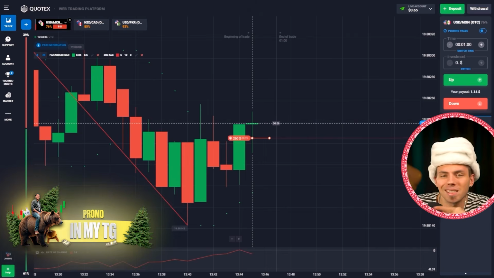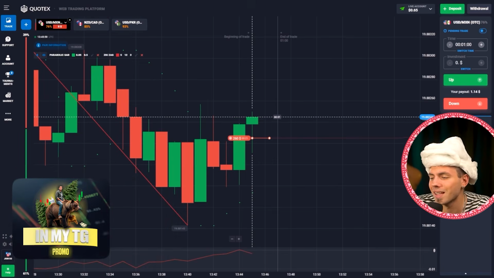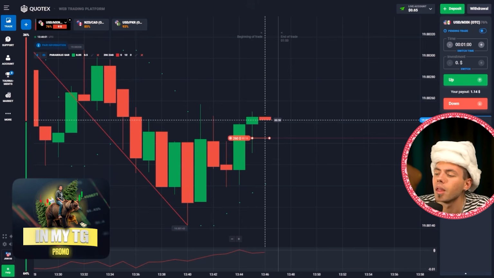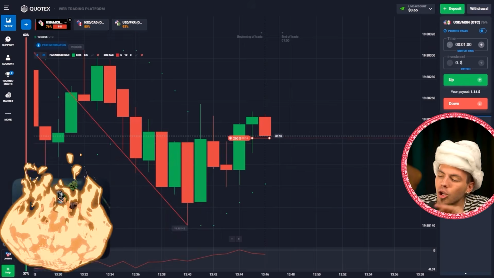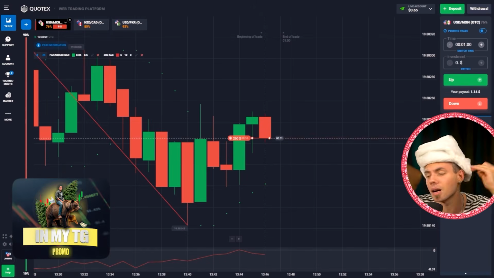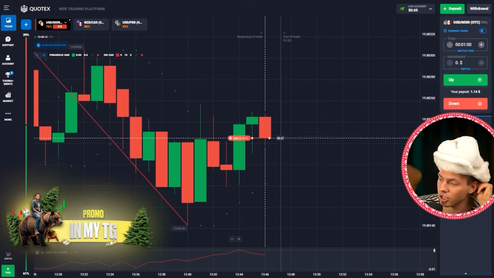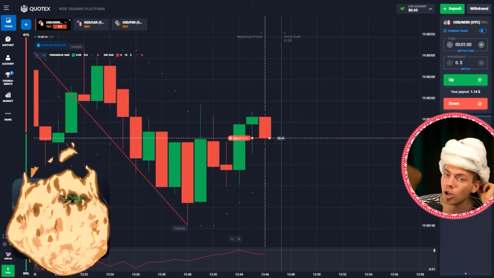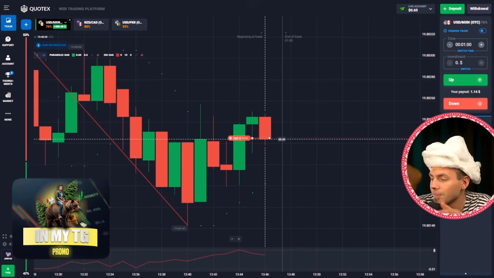So between these two levels we have a very strong resistance, which means that right now the price can oscillate in between these levels, but definitely will not break out of the upper level of this range. This means that right now we will see the option going down, so the short option, and all we need is to be a little bit patient, guys.